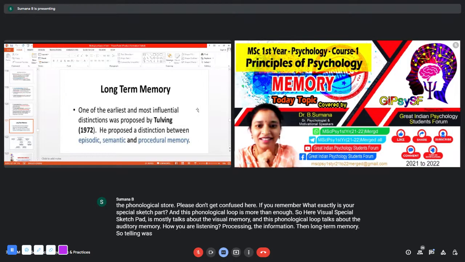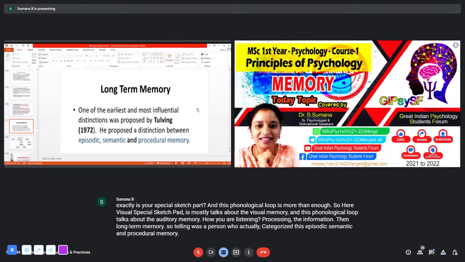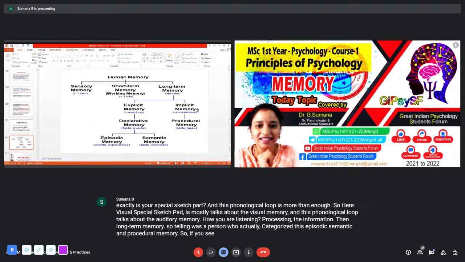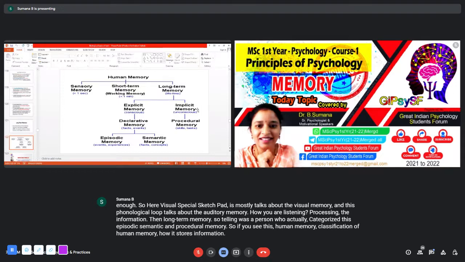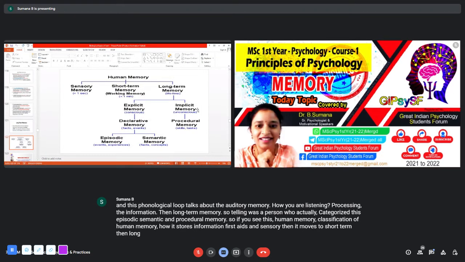Tulving was a person who categorized episodic, semantic, and procedural memory. If we see the classification of human memory, how it stores information: first it's sensory, then it moves to short term, then long term.